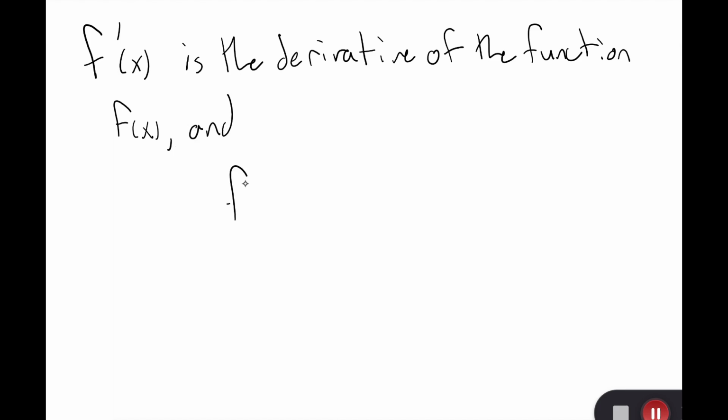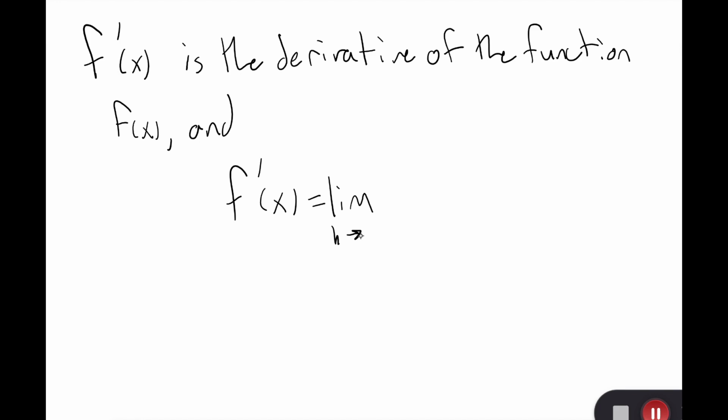And f prime of x is the limit. There were two different definitions we used. We used a difference quotient where we had the derivative at a point, like say f prime of a, and then we used the limit as x approached a of f of x minus f of a over x minus a, and that's a great one, especially when finding the derivative at a single point.